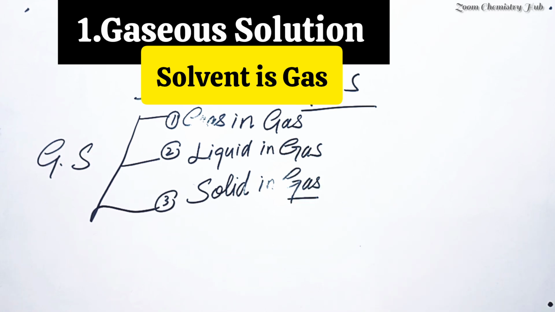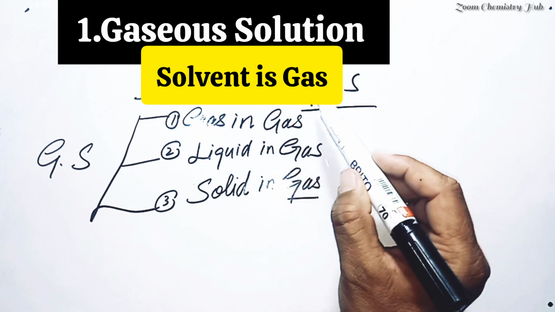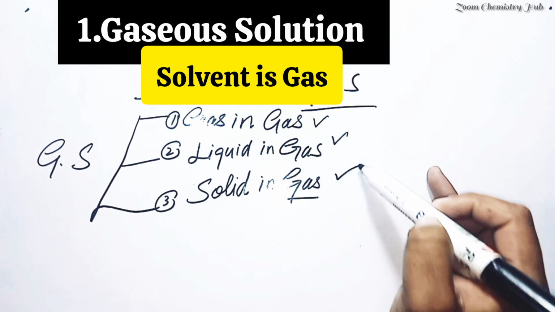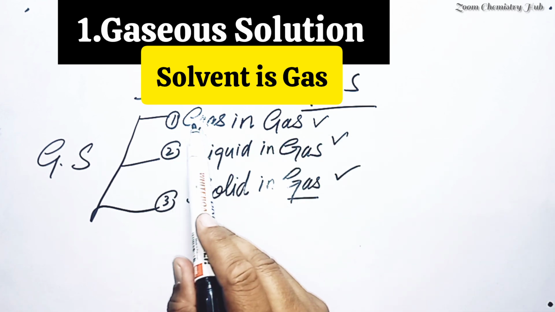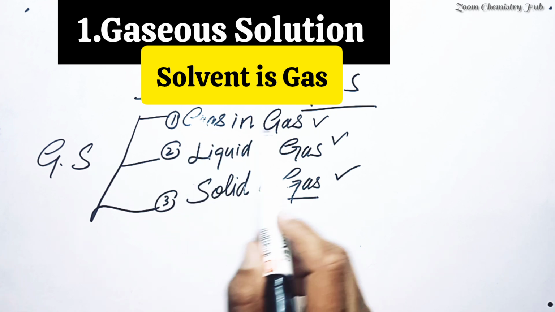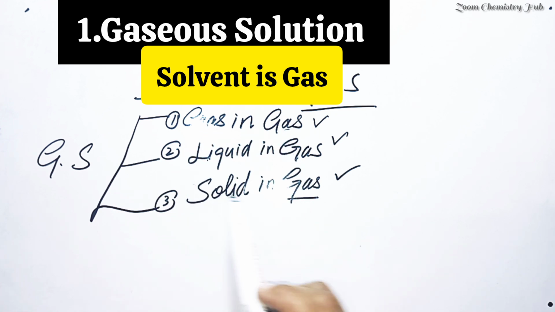And remember that in a gaseous solution, the solvent is always the gas. So gaseous solution has 3 types, that is gas in gas, liquid in gas and solid in gas.